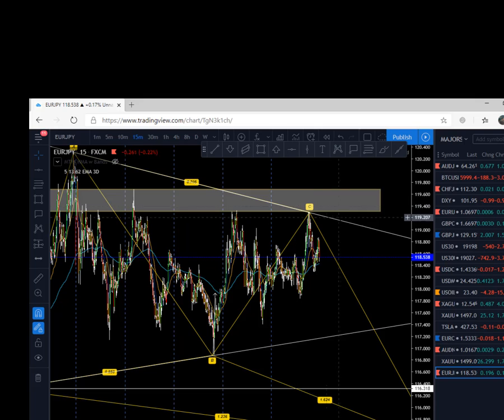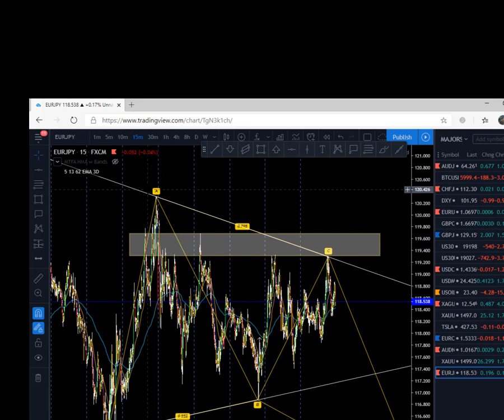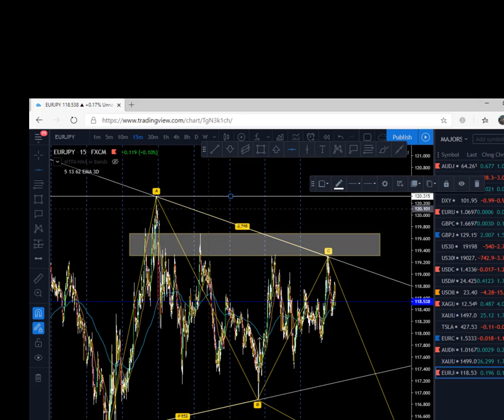So essentially this C point could still keep moving and it will still be valid as long as it doesn't break the H structure.